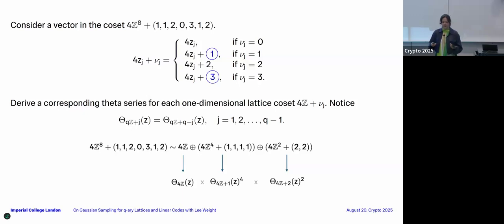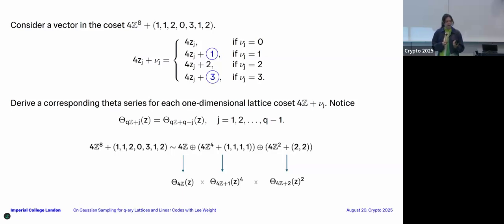And for each of these cases, we can derive a one-dimensional theta series. And using some theta series identities, we can see that there's, again, this nice symmetry, which is exactly captured by the Lee weight. So 4z plus 1 is going to have the same theta series as 4z plus 3.